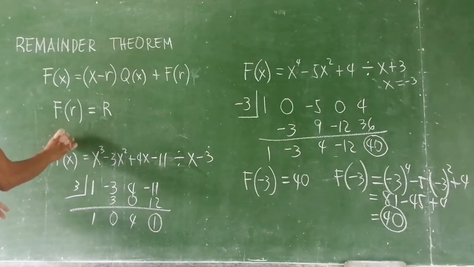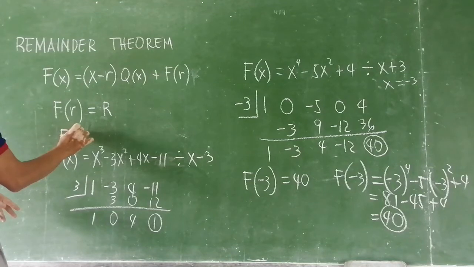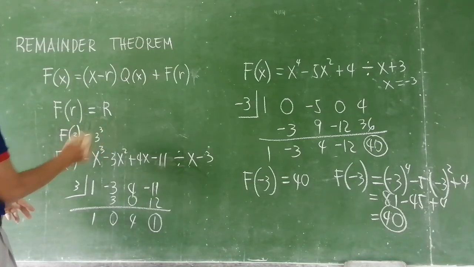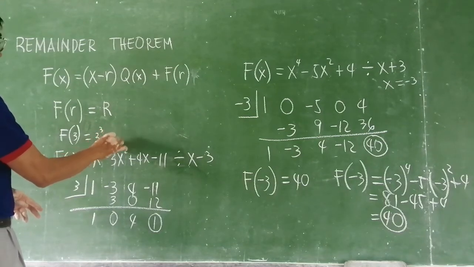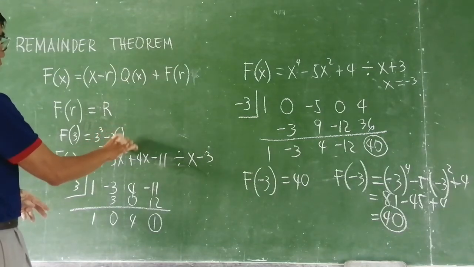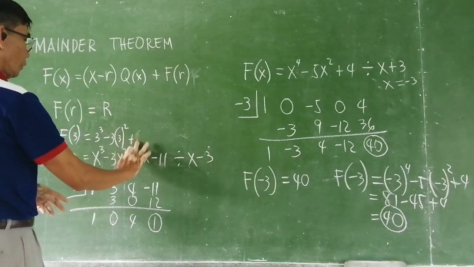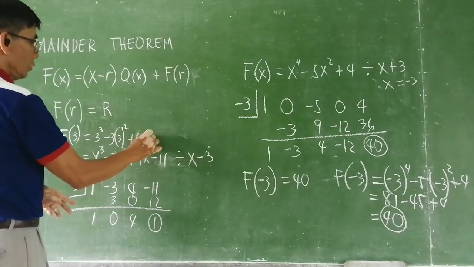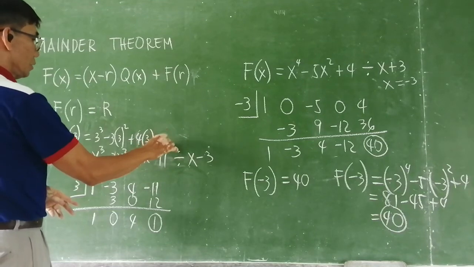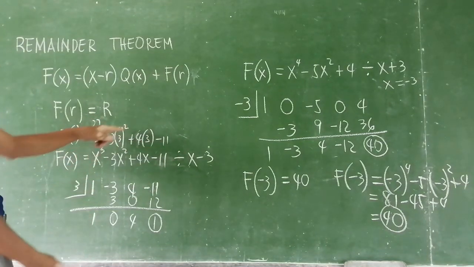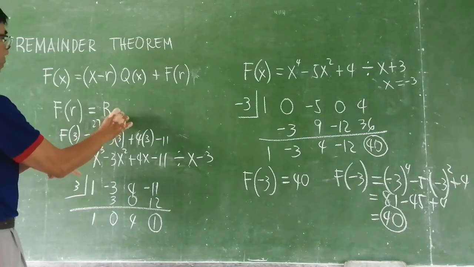So if we have f at 3 will be equal to 3 cubed minus 3 times 3 squared plus 4 times 3 minus 11. So this is 27. 9 times 3 is 27.